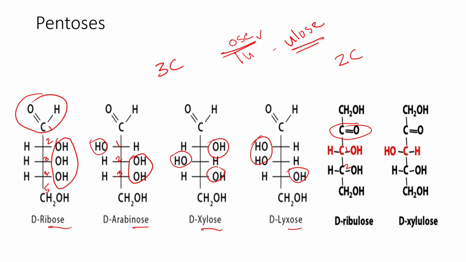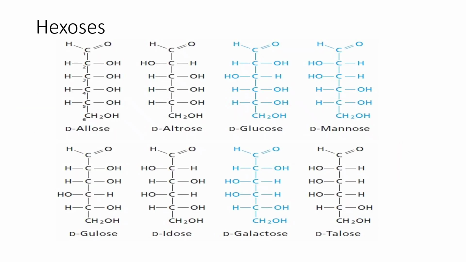Now coming to the hexoses. These are the hexoses: D-allose, D-altrose, D-glucose, D-mannose, D-gulose, D-idose, D-galactose and D-talose. There are also similar ketohexoses. The only difference is they contain a keto group as the functional group instead of an aldehyde group.